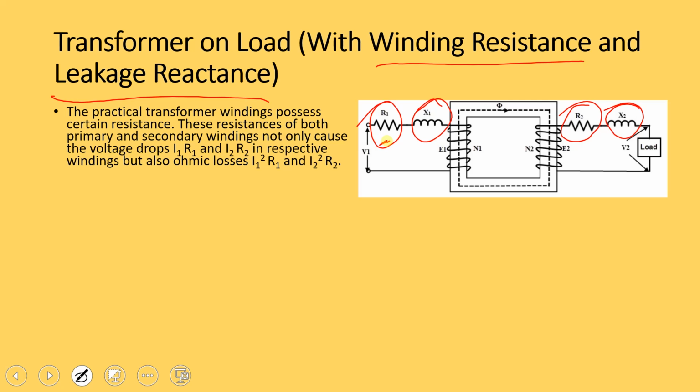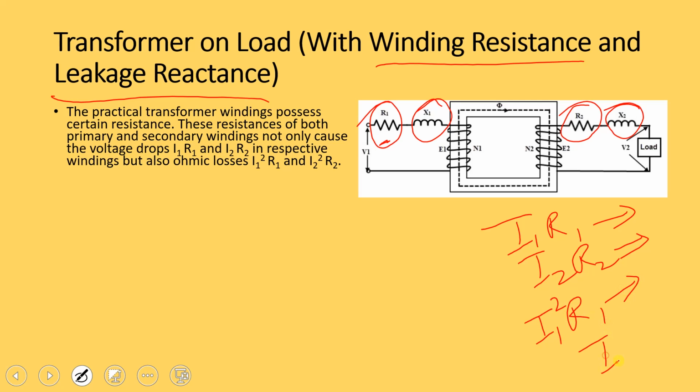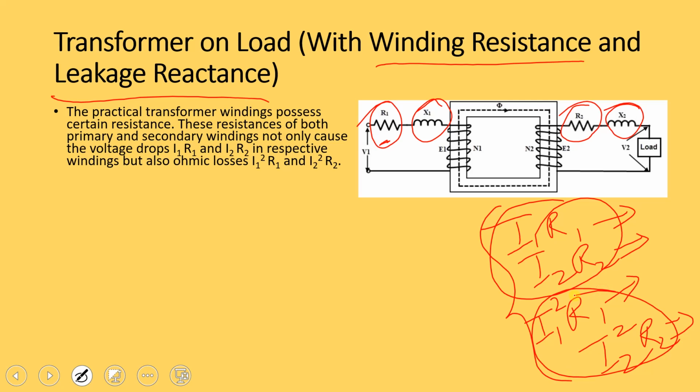Voltage drop is given by I1 R1 for primary, I2 R2 for secondary, and similarly they give the ohmic losses. Losses means the power loss. It is I1 square R1 for primary, I2 square R2 for secondary. So these give the voltage drops as well as the losses.